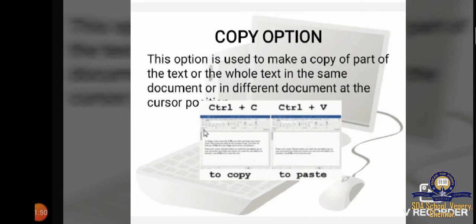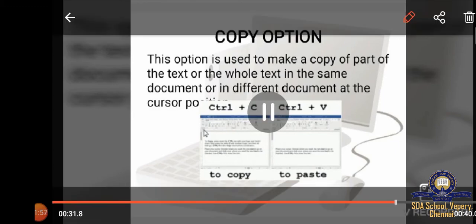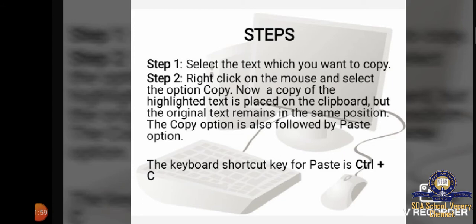To perform the copy option, we have to follow some steps. The first one is to select the text which you want to copy. Second step, right click on the mouse and select the option copy.